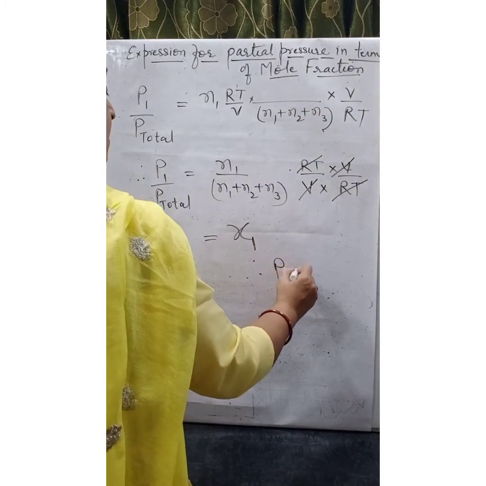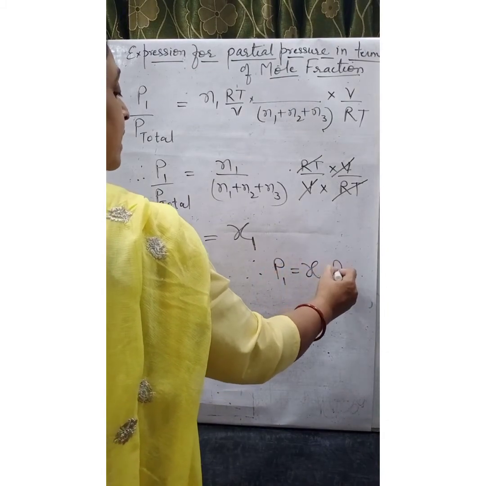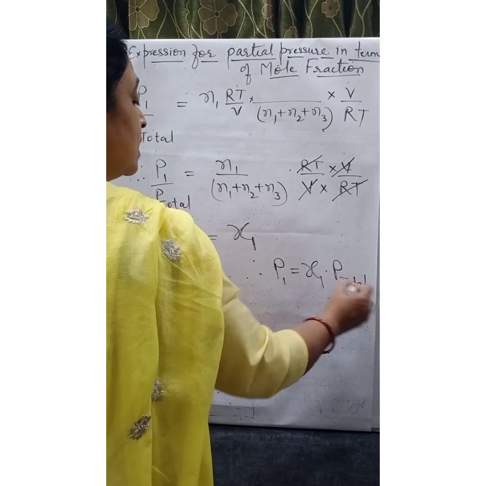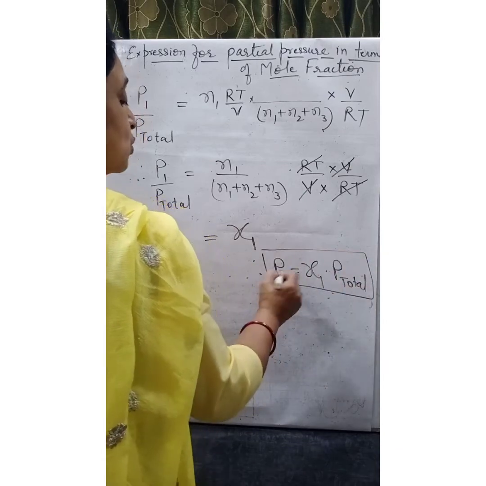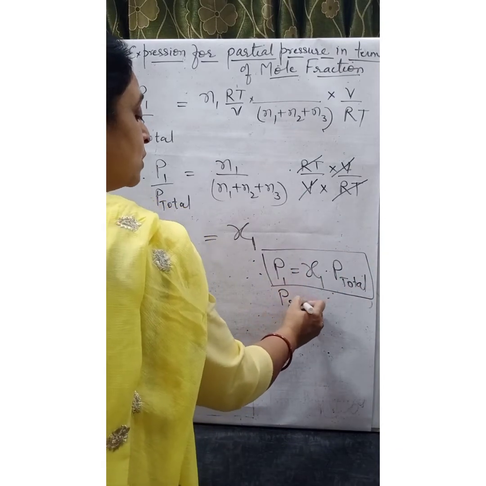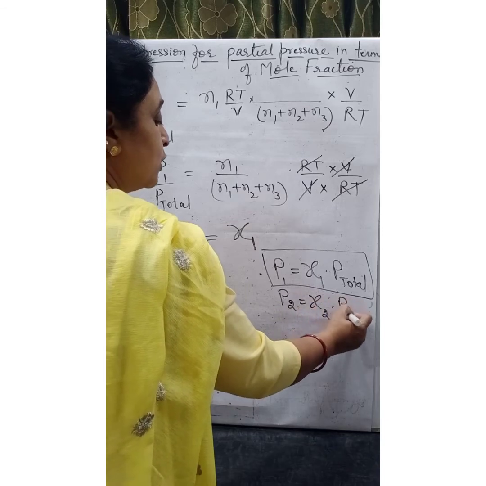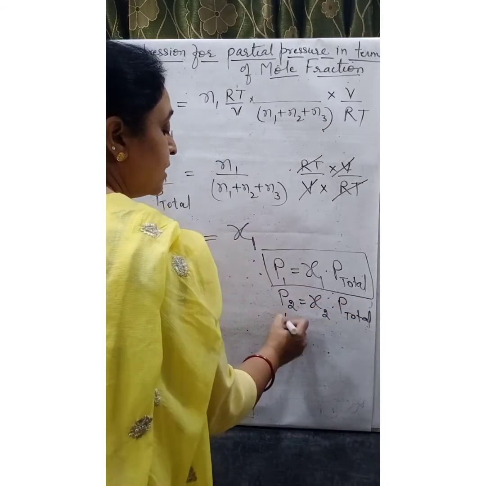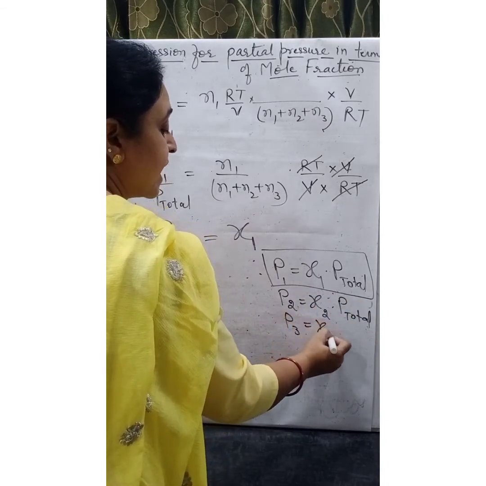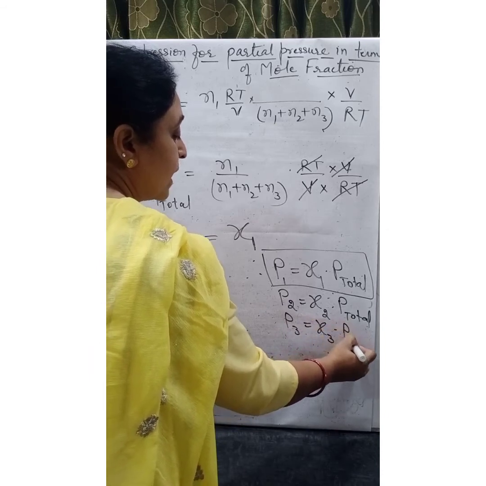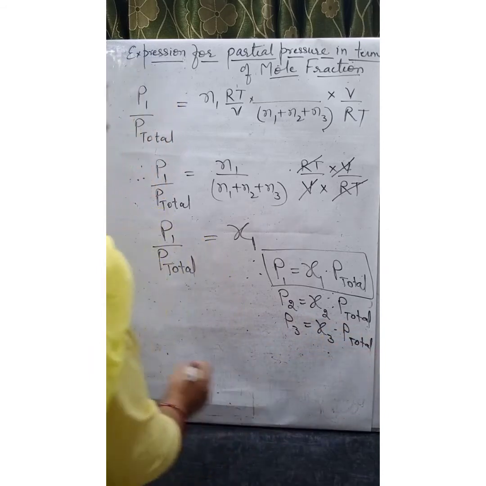Therefore, P1 is equal to X1 into P total. Similarly for gas 2 we can write P2 is equal to X2 into P total, and for gas number 3 we can write P3 is equal to X3 into P total.